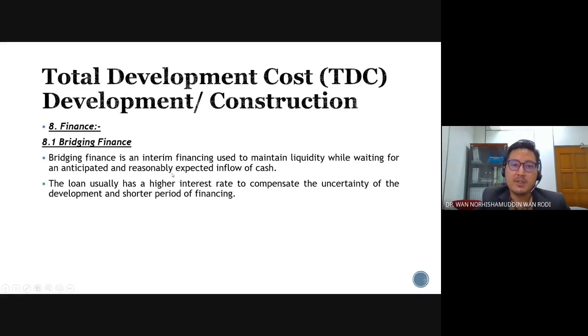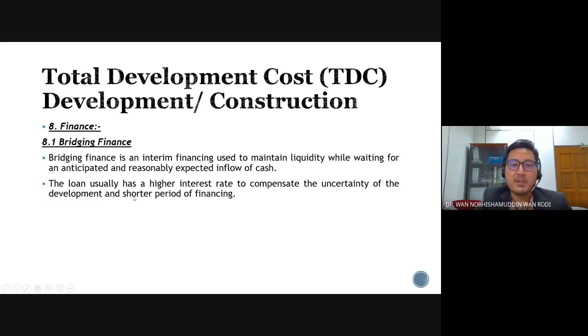If you check the interest rate, it is not similar to the conventional interest rate. You have to look at the interest rate at the development bank, for example. In Malaysia, we have a development bank. So you have to check the interest rate at the development bank. How much will they give to the developer?